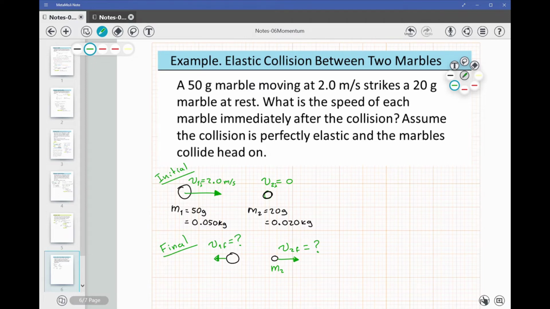And the question then is to find the final velocities for marble 1 and marble 2 after the collision.